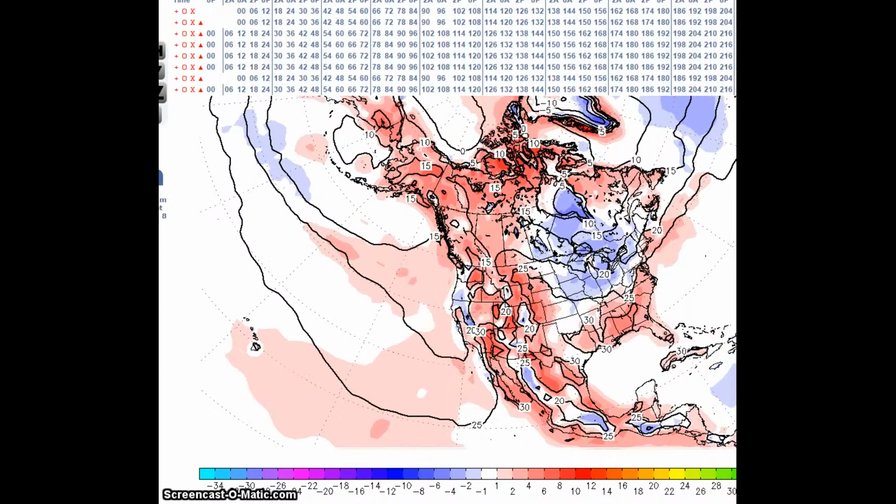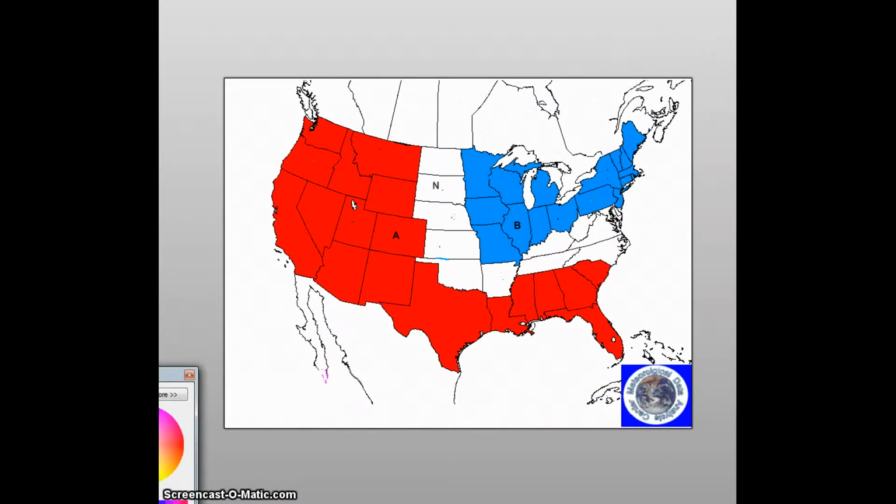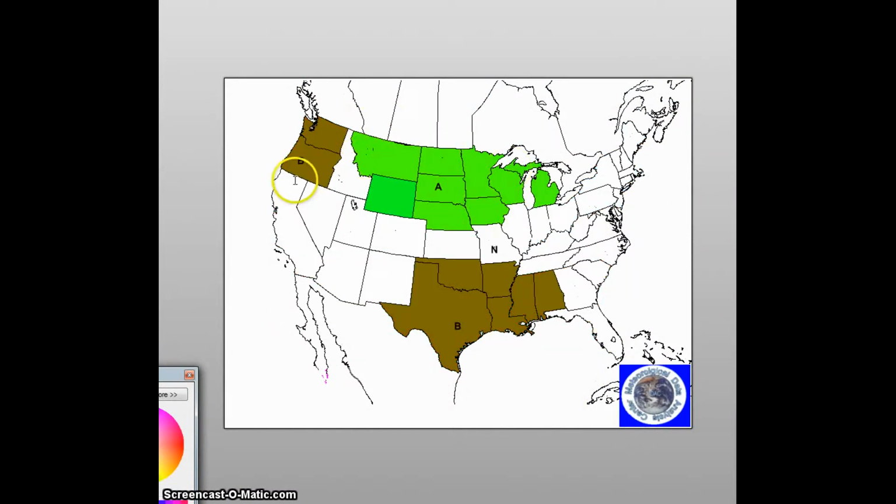I'm forecasting temperatures to be about 6 to 8 degrees above normal here, and across this area here, about 6 to 8, about 4 degrees below normal. For precipitation, I'm calling for below normal precipitation here, above normal precipitation for this region.